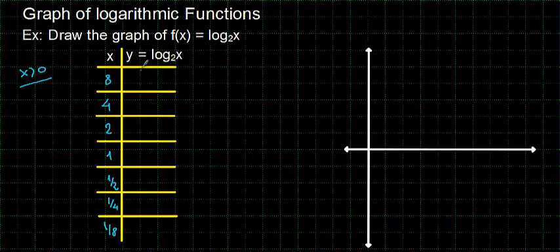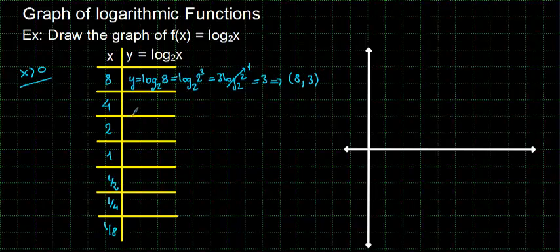Then what will y be? y is equal to logarithm base 2 of 8. This is equal to logarithm base 2 of 2 cubed, and 3 comes in front of the logarithm base 2 of 2, which is equal to 1. So the answer is 3. The coordinates of the point are x equal to 8, y equal to 3.